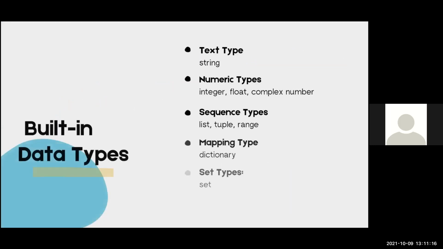So yeah, we mentioned the text types, numeric types, Boolean, mapping, sets, and sequence types. I touched on the numeric data types, and we looked at them when it comes to operations, so I would not cover that as much today.